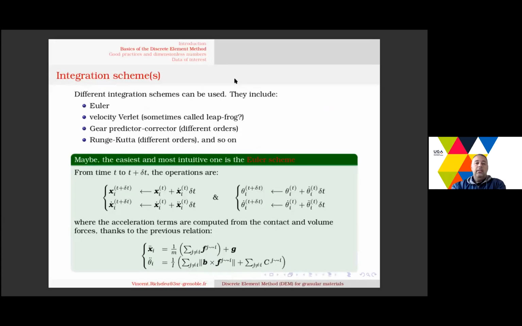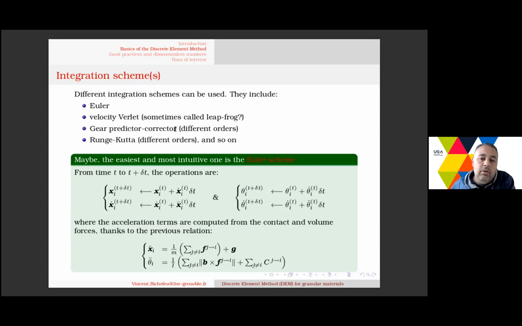So to perform this integration, we can use different kinds of schemes. Euler, velocity Verlet, which is sometimes called leapfrog, depending on the author, but I'm not sure of that. Maybe there is some difference between the two, but let's say they are similar.